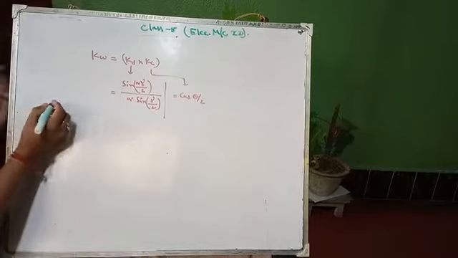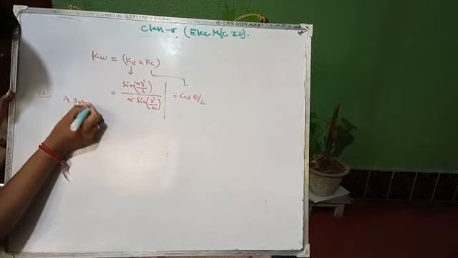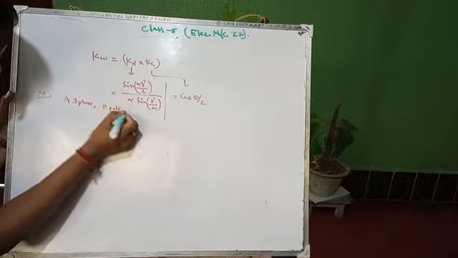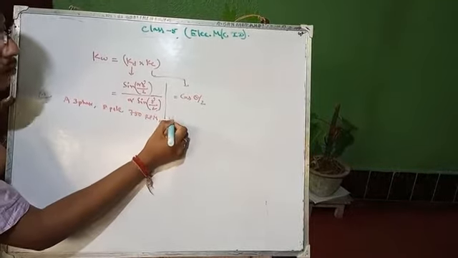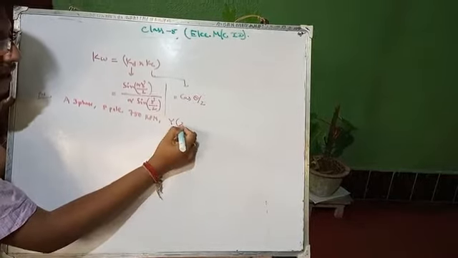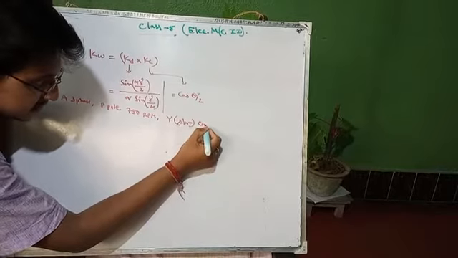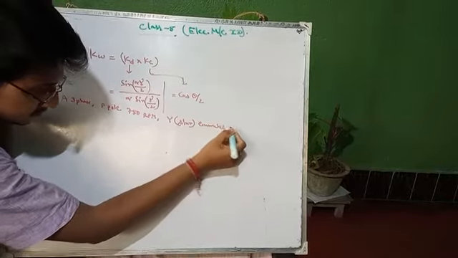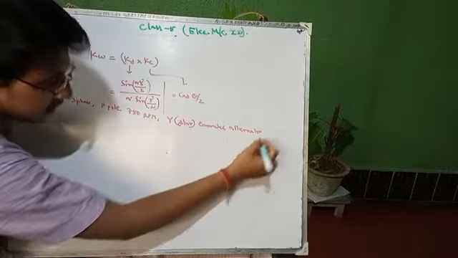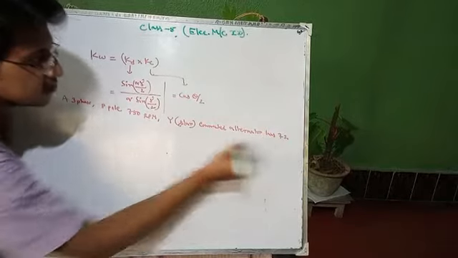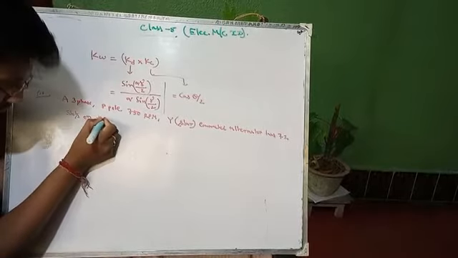Problem number 1. A 3-phase, 8-pole, 750 rpm, Y connected alternator, Y meaning star, star connected, has 72 slots on the armature.